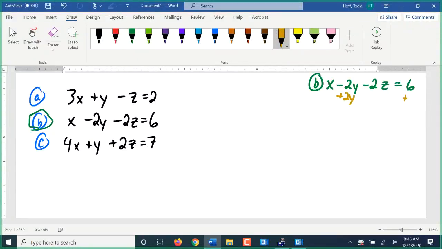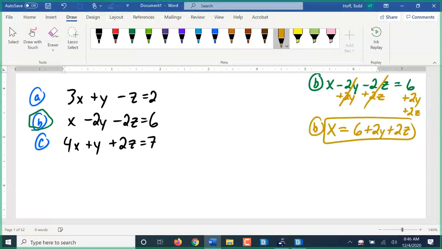That gets rid of the minus 2y. And I'm also going to add 2z to get rid of the minus 2z. So the negative 2y and the negative 2z are gone. I have x equals, on the right side, 6 plus 2y plus 2z. So there's my equation B that's been solved for x.